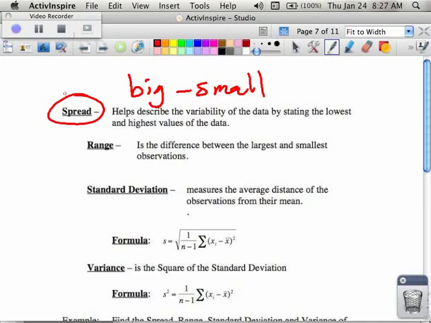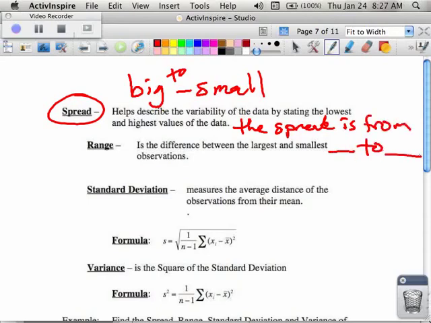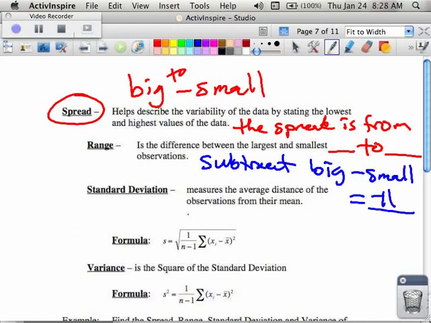So for example, if I had a list of numbers, I would say the spread is from something to something, which seems kind of redundant when you talk about the range, which is where you subtract big minus small, and you get some kind of number. So the range is a number, and the spread is a sentence.